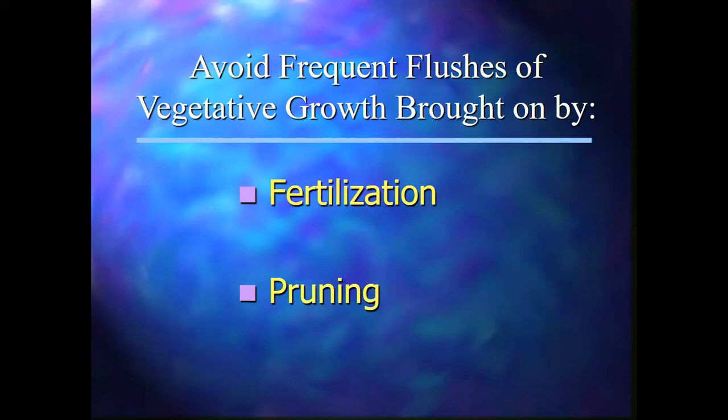So for some plants you can do some corrective heavy duty pruning, like hollies and cubas and some of those types of plants. And fertilizing, really spring is the best time, but some of your trees and shrubs don't need to be fertilized every year.